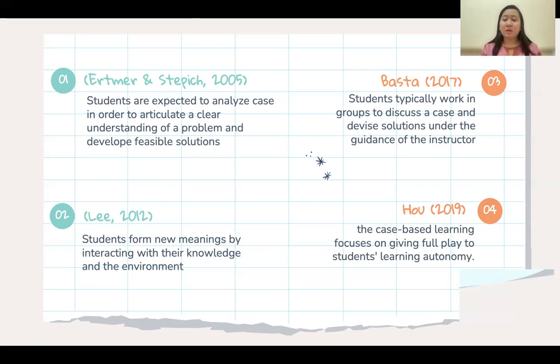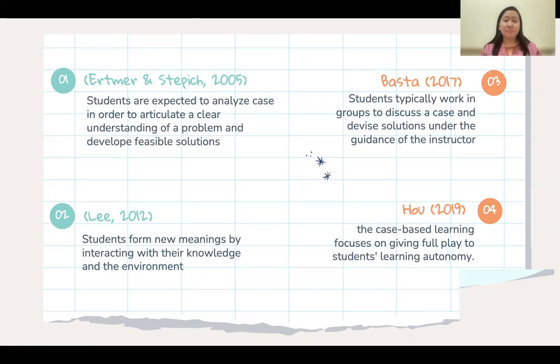And also, students have a better understanding of difficult or complicated issues or problems and are able to analyze them effectively when they participate in analysis and discussion of alternative solutions.